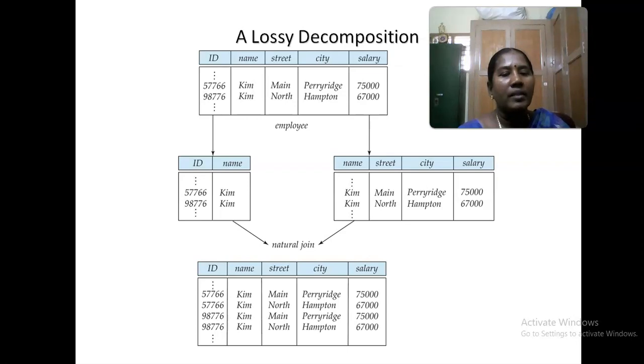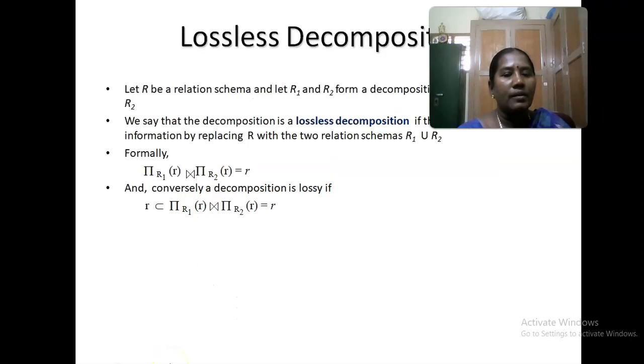When we combine employee 1 and employee 2 into a single schema by using the natural join, there will be a loss of information when more than one employee has the same name. That is considered a lossy decomposition.